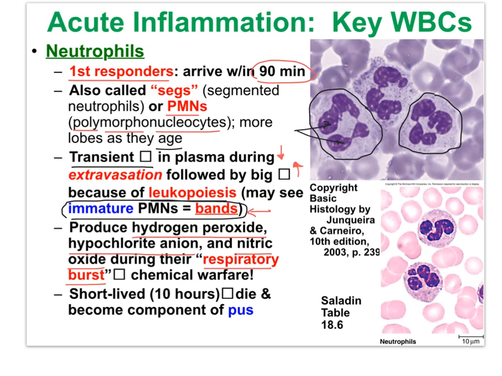A given neutrophil will not last very long. It's so busy killing, it fills up with junk. It often dies itself in the middle of the respiratory burst. So a given neutrophil only has a short timeline, and as they die, they become a component of pus, along with all of the dead material that's being fought.